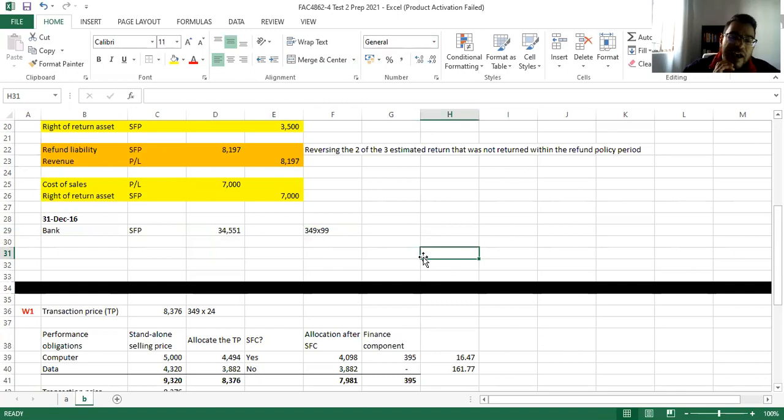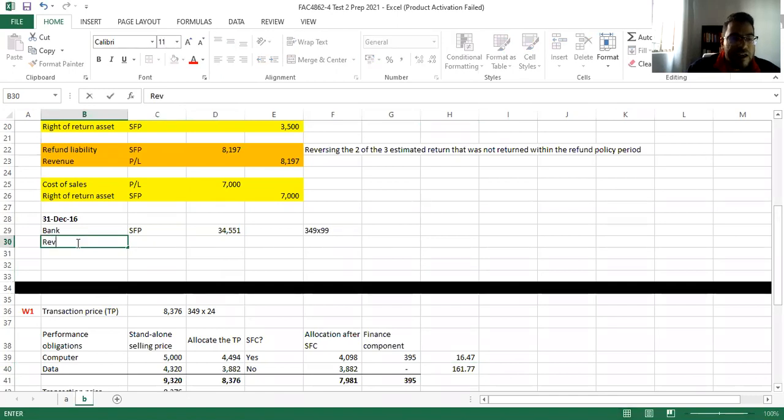Of the 349, 162 relates to the data. So therefore, we can recognize revenue for the data.